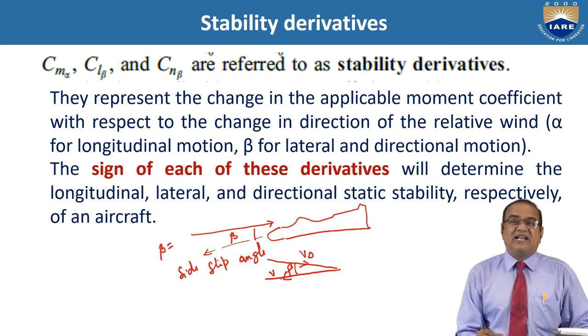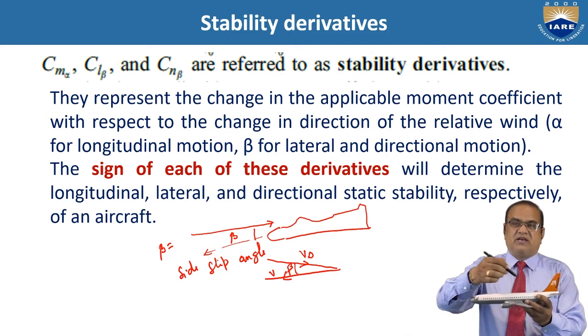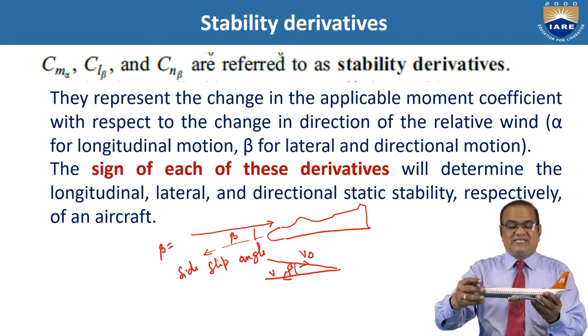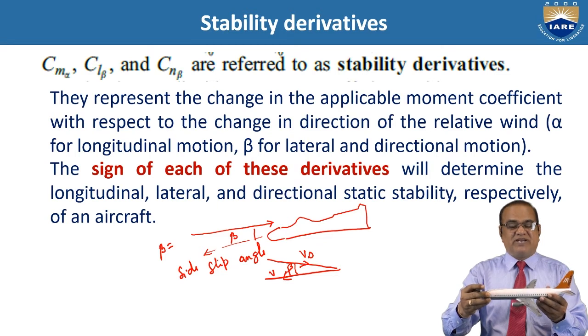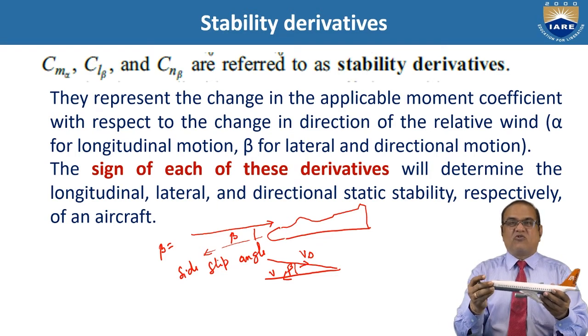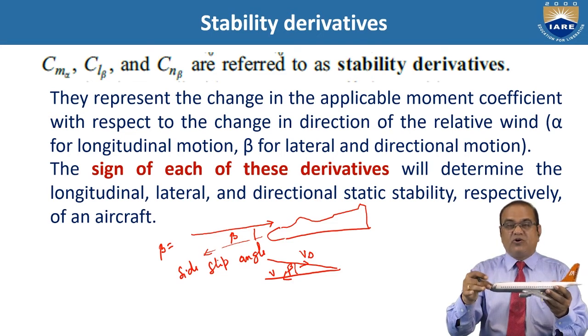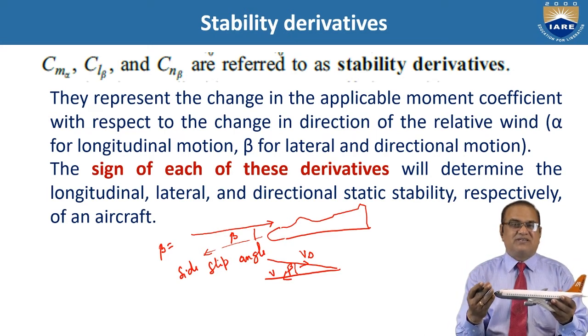And here also the rolling moment, the moment which is taking place with respect to the longitudinal axis, so your wing will go up or down. This is called Cl, coefficient of rolling moment, and the Cn is coefficient of yawing moment. So if the nose is going towards the left or the right, due to this motion there is a yawing moment.